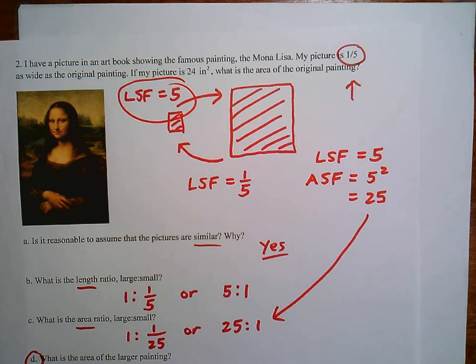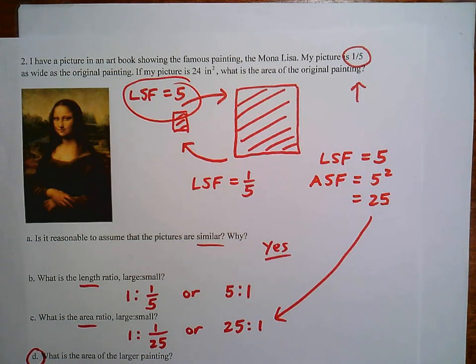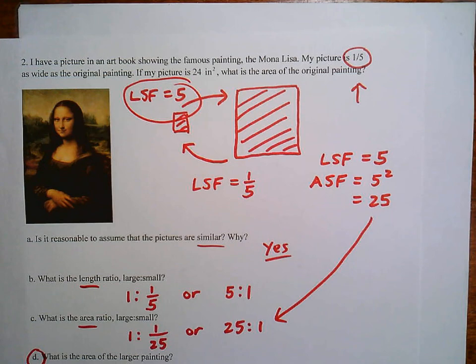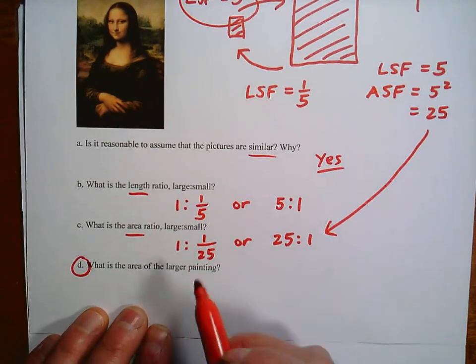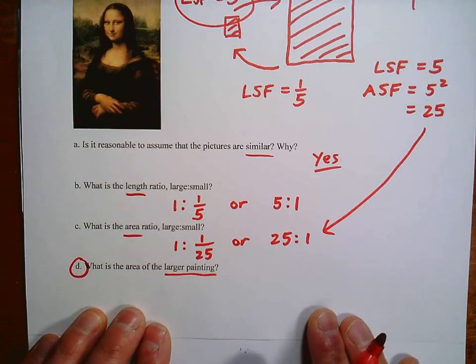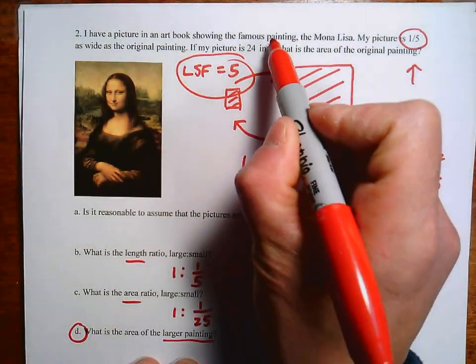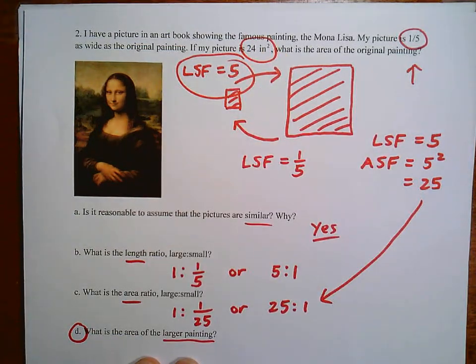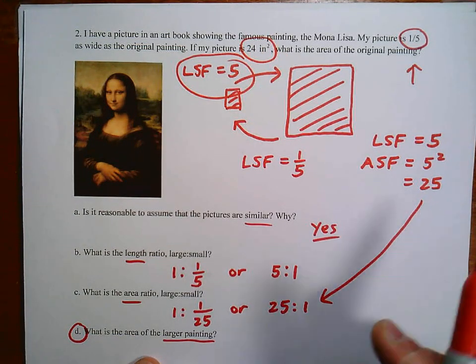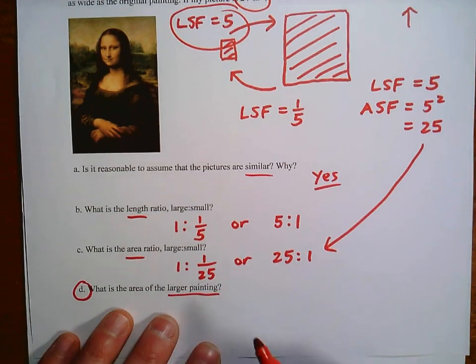So the area scale factor is 25, which means you can take the old area, multiply it by 25, and you'll get the new one. And that's precisely what's being asked here. How big is the original painting? We would have to take the number they give us, the 24 square inches, scale it by 25, and then you have your answer.